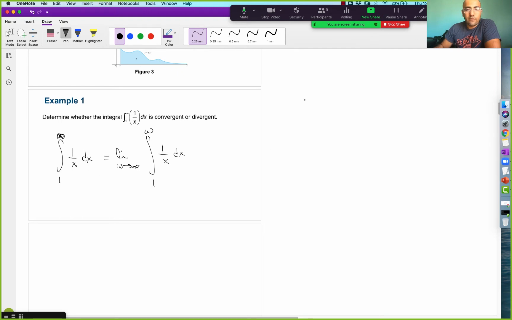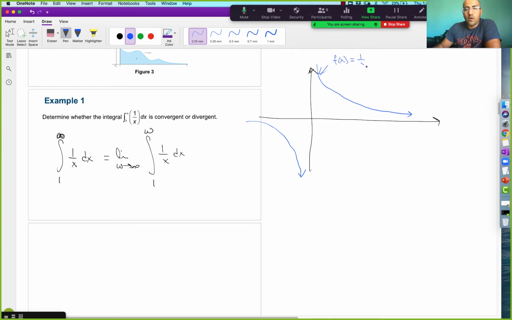Right? So if we think of a little picture to go with this, 1 over x is going to look like this, sort of, only less ugly, of course. And then over here, it kind of goes like this. So this is the function f of x equals 1 over x. And we're interested in the integral that goes from 1 to infinity.